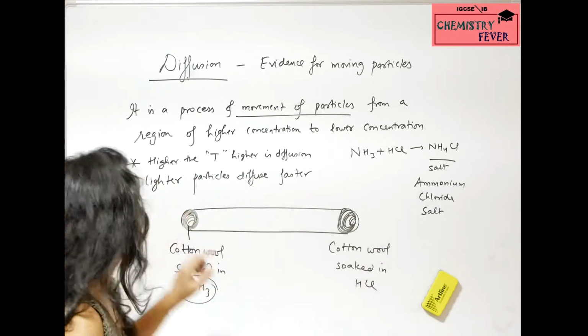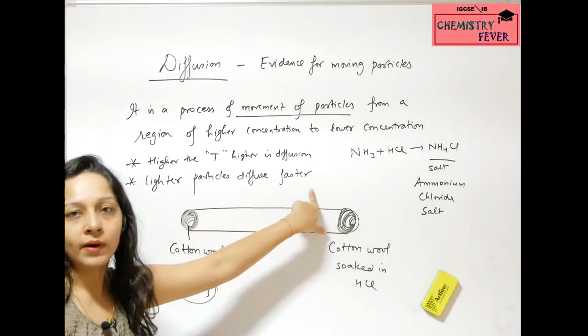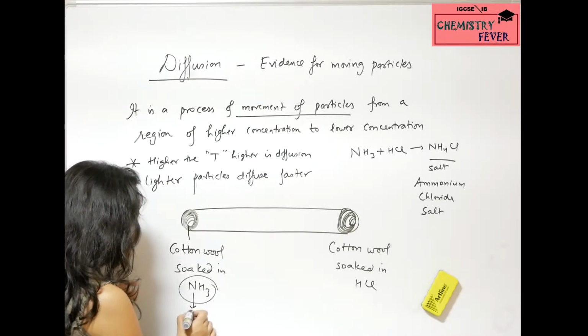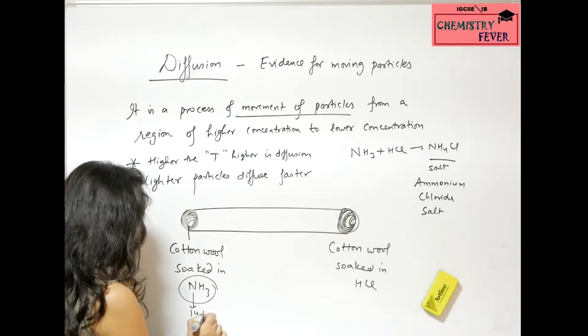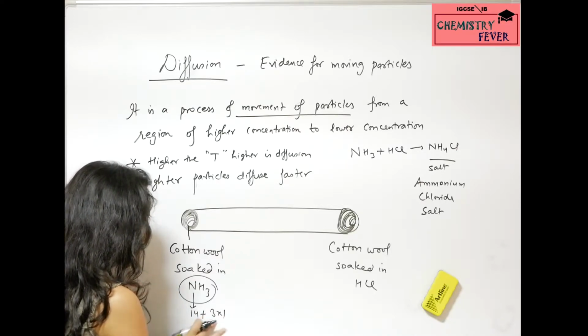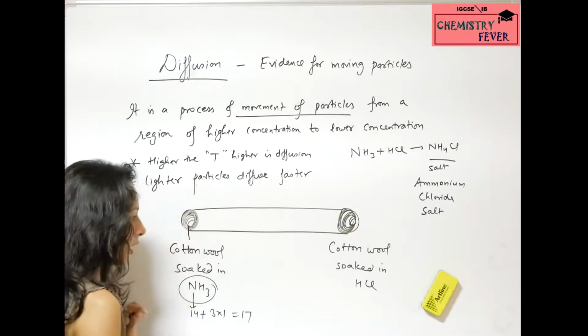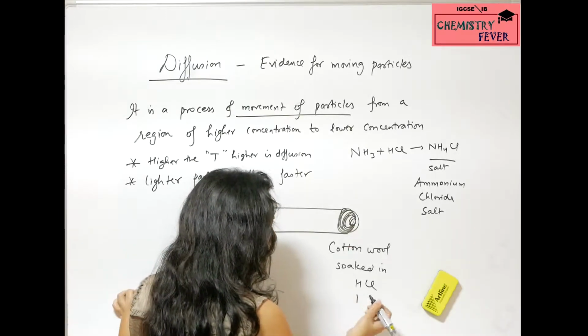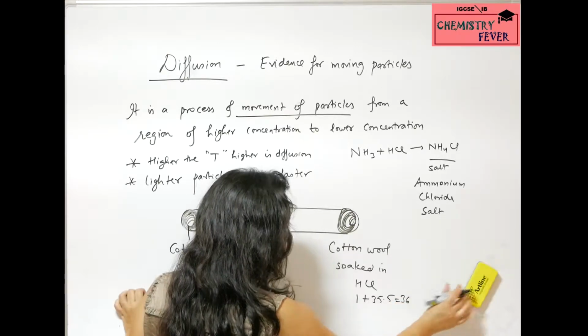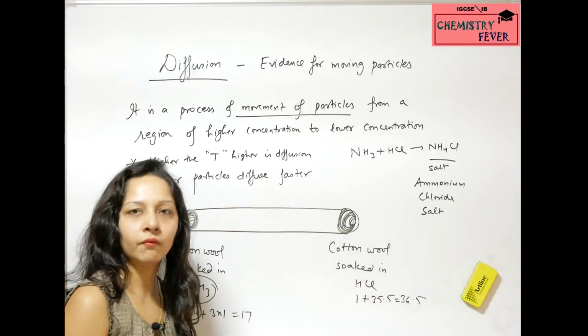So if we are saying lighter particles diffuse faster, let's take the mass. Nitrogen, we know the atomic mass is 14, and hydrogen, we know the atomic mass is 1. So the total mass is 17. Similarly here, hydrogen mass is 1, chlorine mass is 35.5. So the total mass is 36.5.